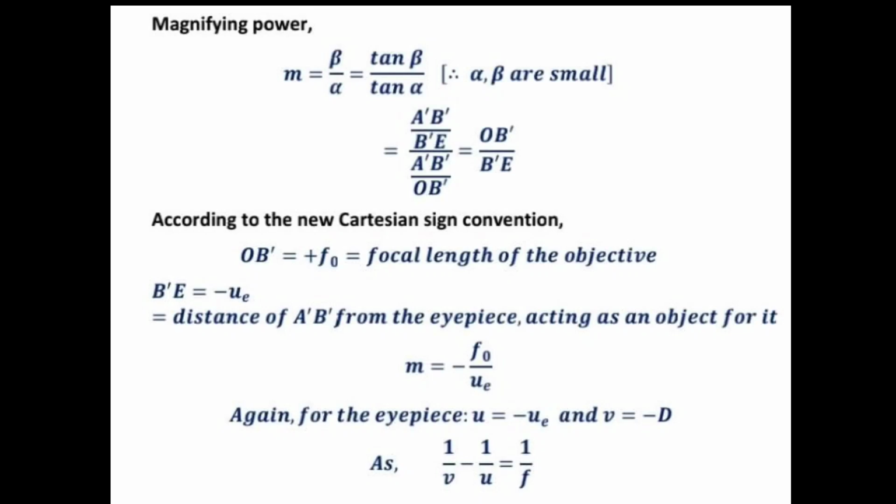Again for the eyepiece, if you observe the diagram, u is equal to minus u_e and v is equal to minus D, because the final image is forming at the least distance of distinct vision. But take care of the Cartesian sign conventions and introduce the negative signs. Then we use the formula 1 by v minus 1 by u is equal to 1 by f and put the values in this formula.